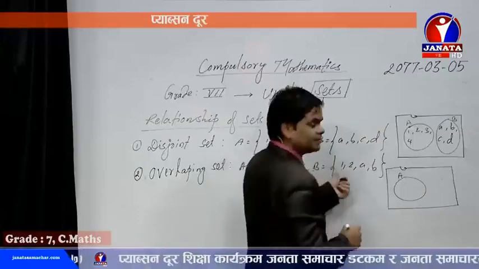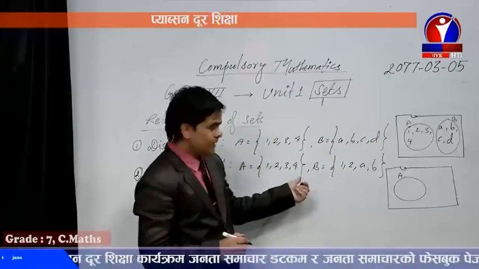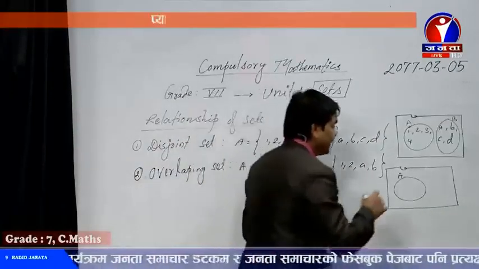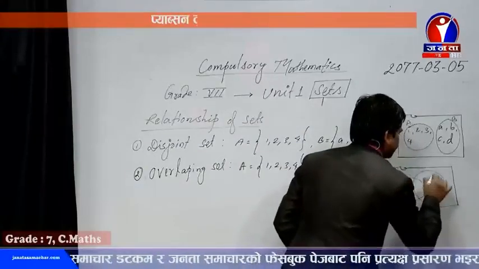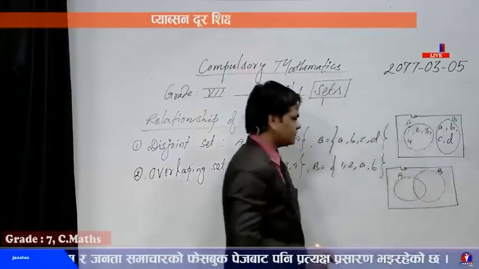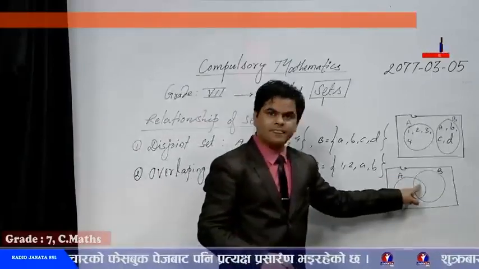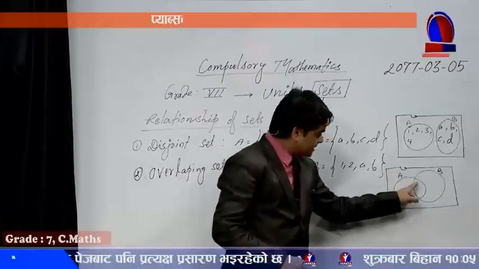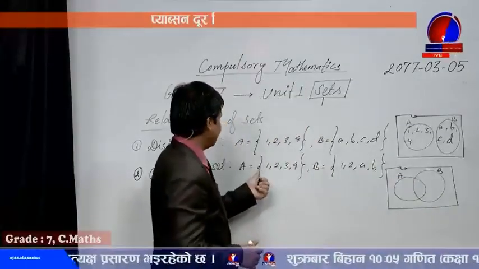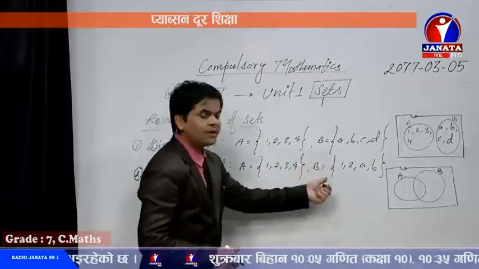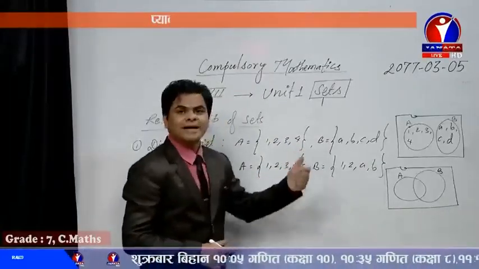If there is something common between the two sets, we need to make an overlapping situation, dear students. Here is the common area, and in that common area we need to keep the elements which are common between two or more than two sets.